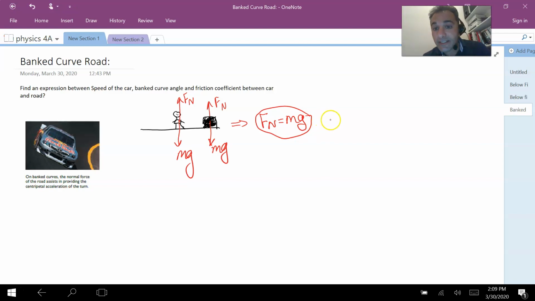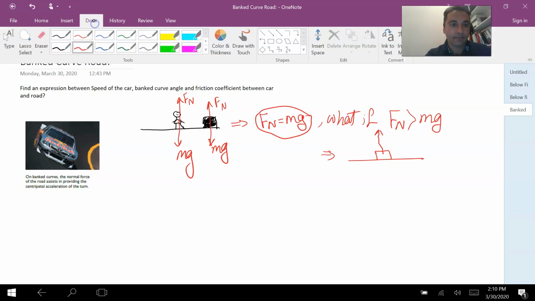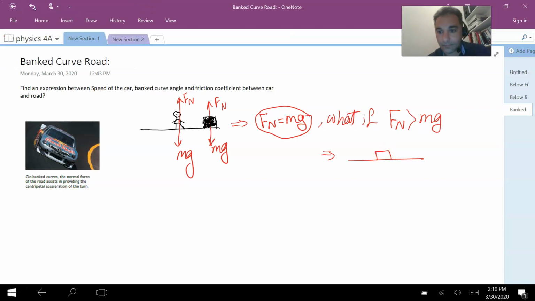Now, the question is this. I already explained this one in the class. If Fn becomes more than mg, what is my conclusion? Say this is Fn, and it becomes more than mg.